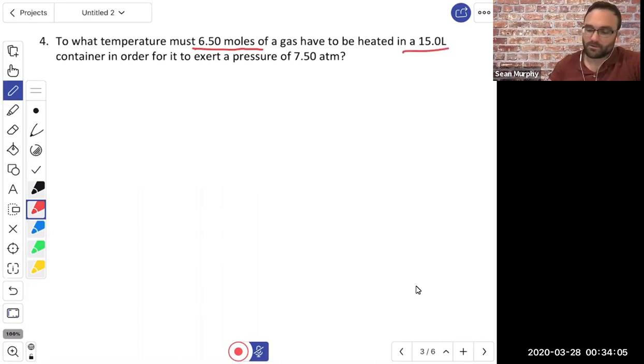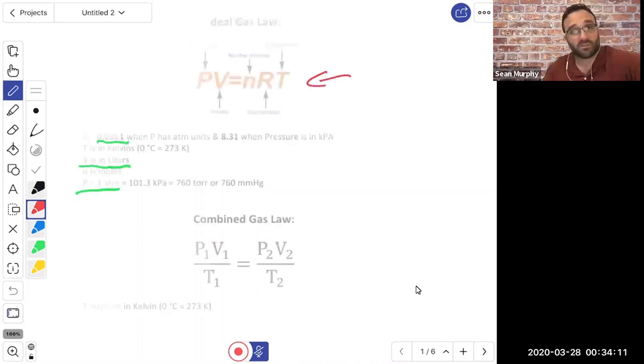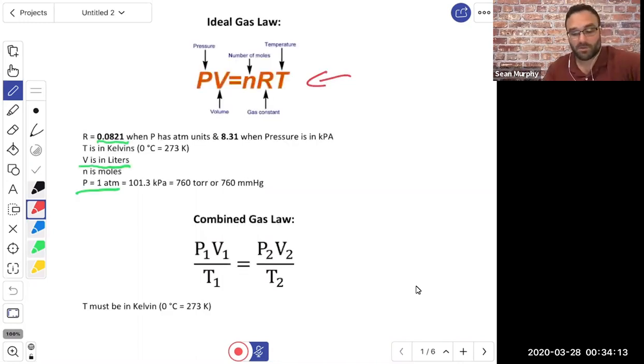There's my volume. All right. So remember, when we're using PV = nRT, if we're using atmospheres, we have to use 0.0821. No matter what, you have to use Kelvins in both formulas.